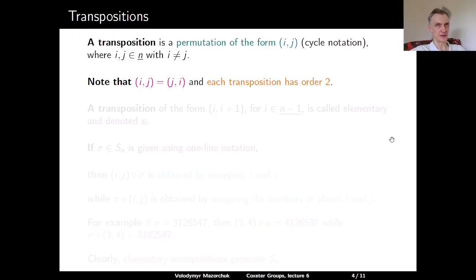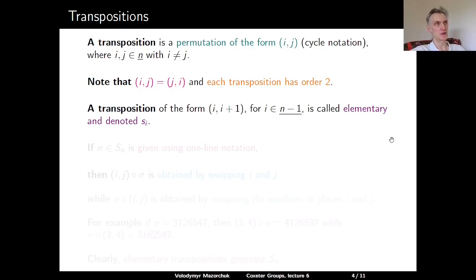It's not the identity, and it squares to the identity. A transposition of the form (i, i plus 1) is called an elementary transposition and denoted as s_i. So here i is an element between 1 and n minus 1. So we have n minus 1 elementary transpositions, and in total we have n choose 2 transpositions.